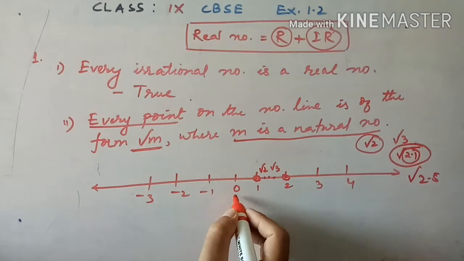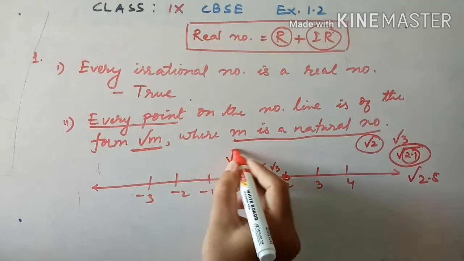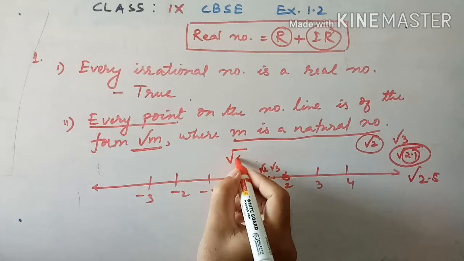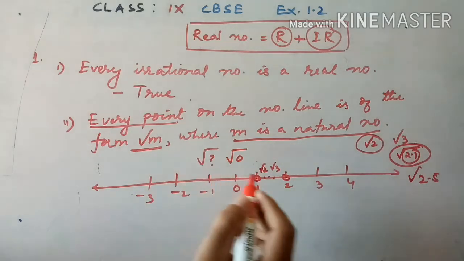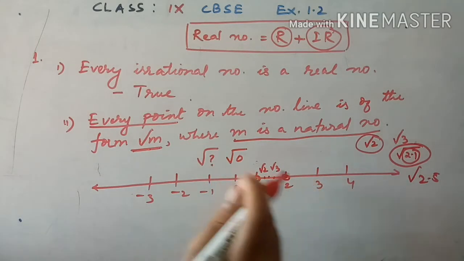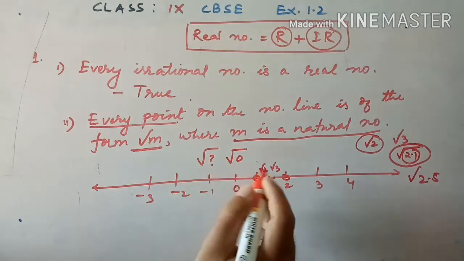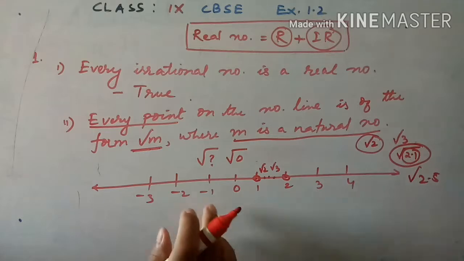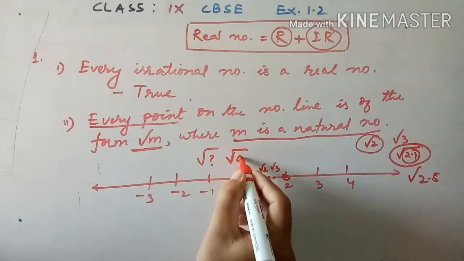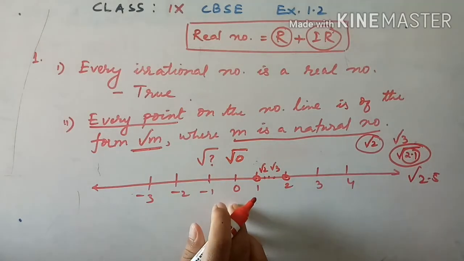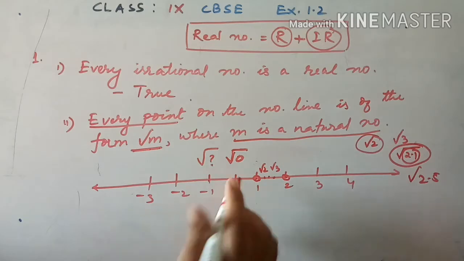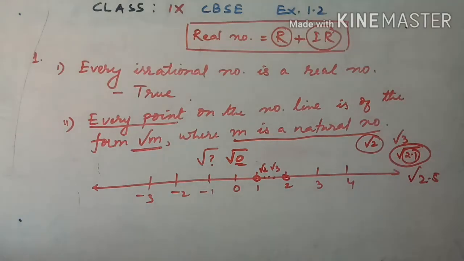Now think about 0. Which number's square root will give 0? 0 itself. Then which natural number's square root will give -1? It is not possible, because the square root of any natural number will be positive only. Square root of 0, now the answer is 0. 0 is also on the number line, but this 0 is not a natural number.